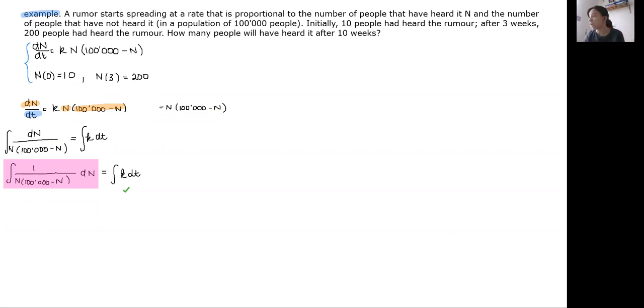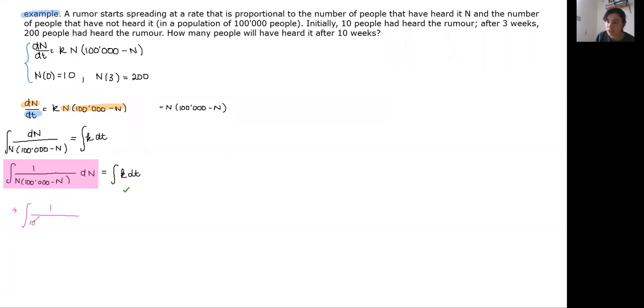Oh, I have someone in the chat. So I have 1 over 100,000 times n minus 1 over n squared. Let me just write that down. This would be the integral of 1 over, and I'm guessing what happened there is we multiplied the n over.